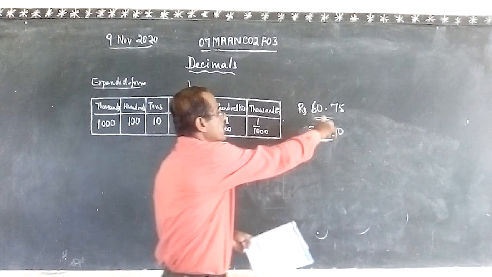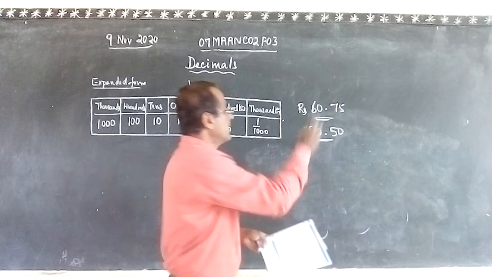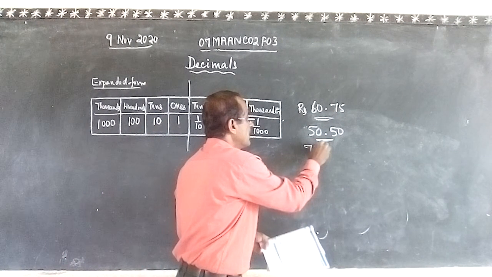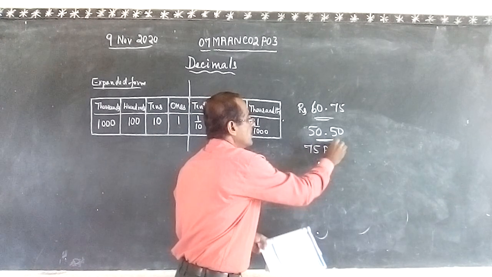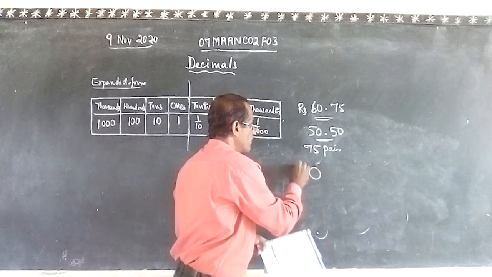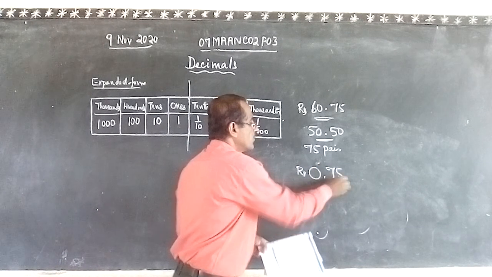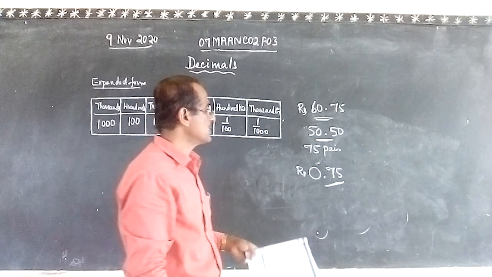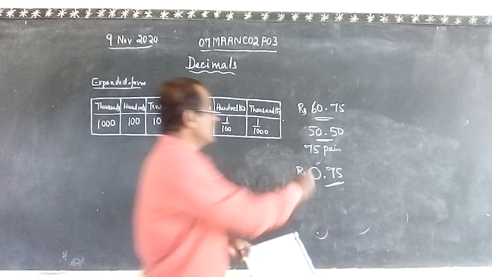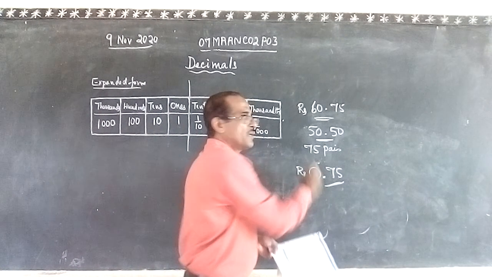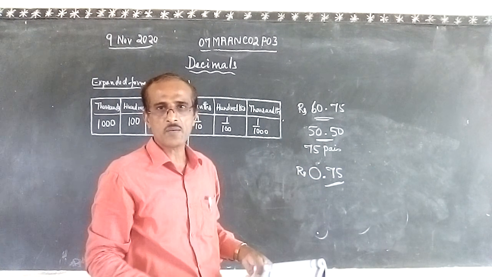See, if you write paise in rupees, it becomes a point. 75 paise in rupees is 0.75. Up to 99 paise, it is 0.99. If it becomes 100, 100 paise means 1 rupee.